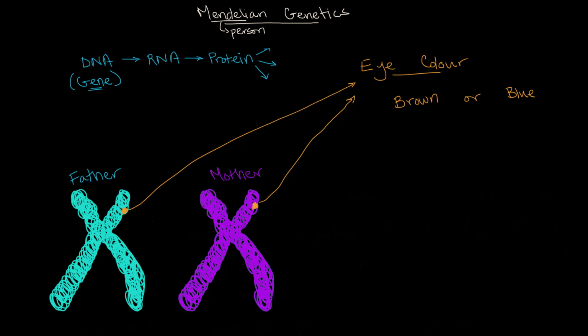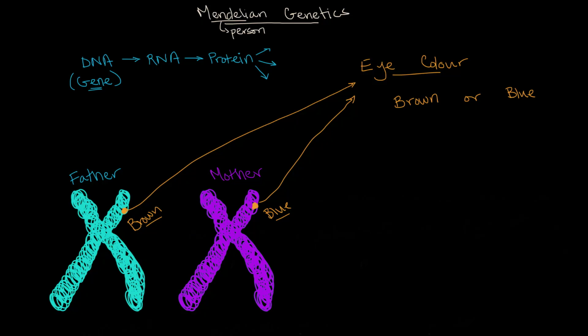So the confusing part happens when your father's gene, or one of your genes, let's say, is telling your body to make brown eyes, and your mother's gene, or your other copy, is telling your body to make blue eyes. In this scenario, you might try to guess what would happen to your body. Would it make brown eyes? Would it make blue eyes? Would it make a mix of something in between brown and blue?